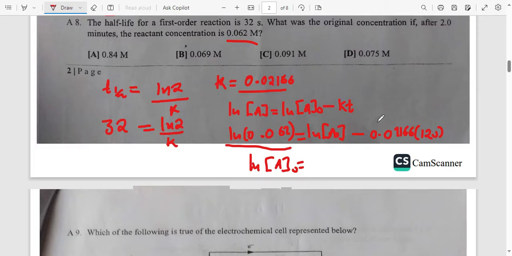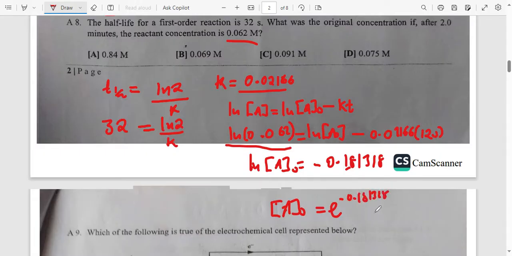Okay, we'll take it the other side and add it to the natural log of 0.062, and that is going to give us a negative 0.181318.